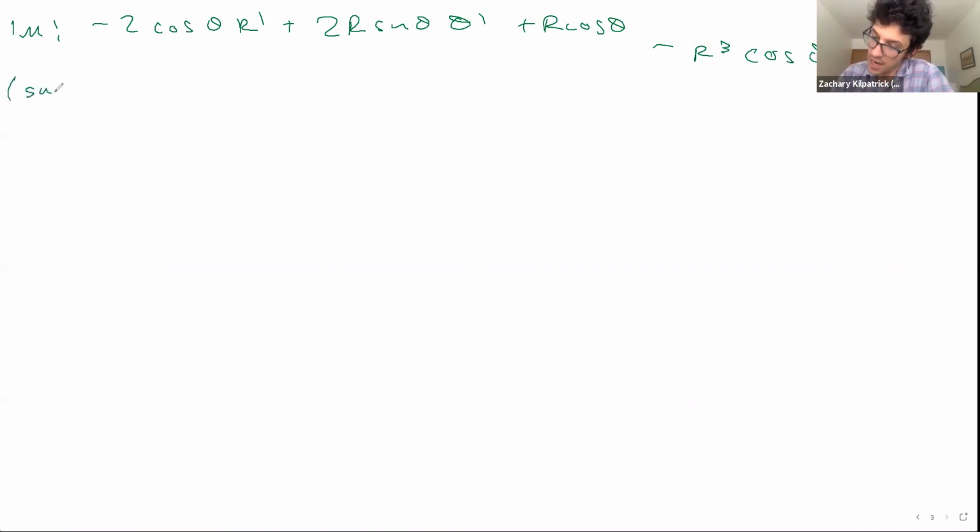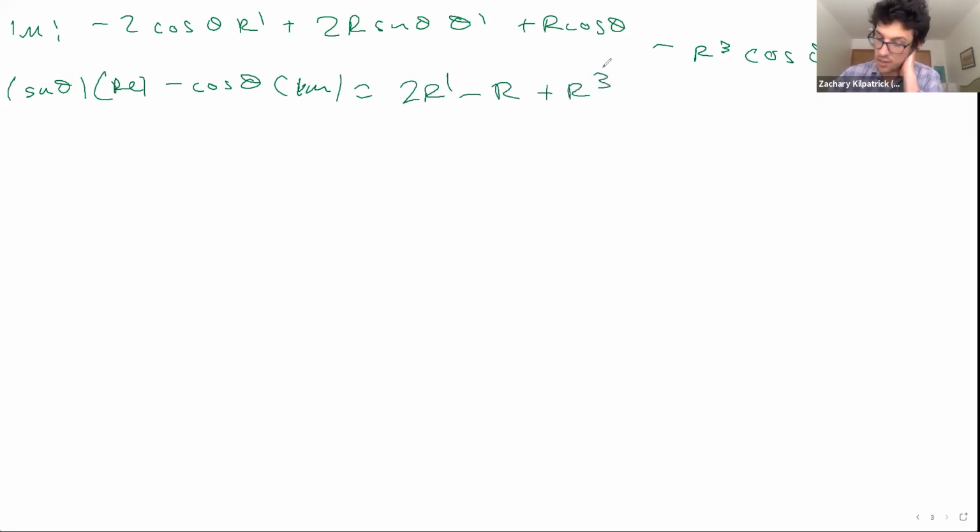So if we take sine theta times the real part minus cosine theta times the imaginary part, then we end up with 2r prime minus r plus r cubed equal to 0. In other words, 2 dr/d tau is equal to r minus r cubed.